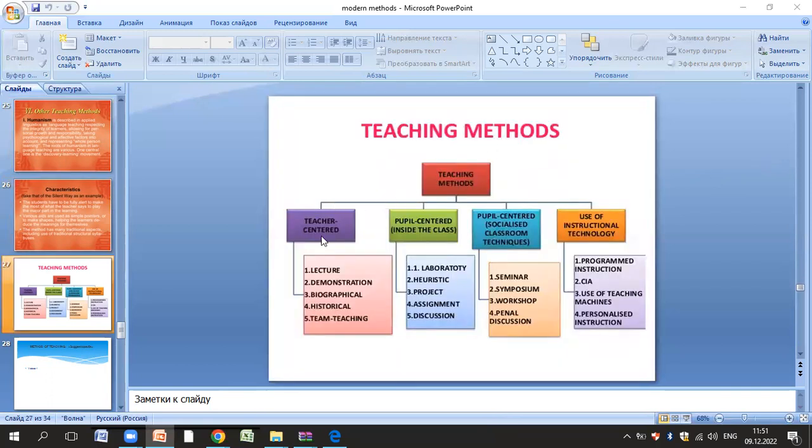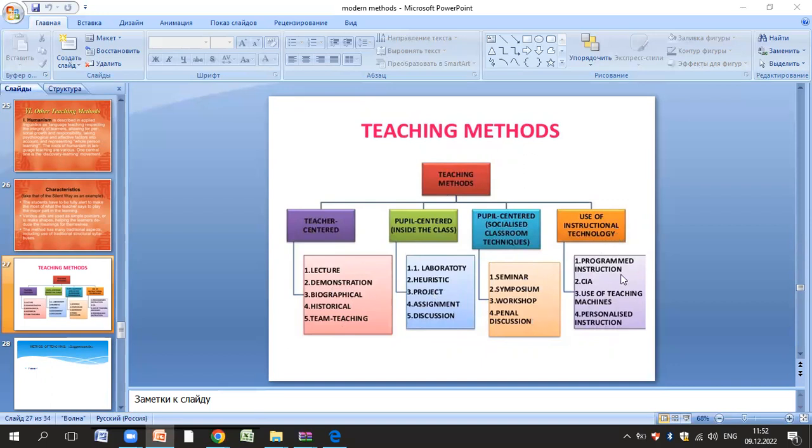Teaching methods can be teacher-centered, people-centered inside the class, people-centered socialized classroom techniques, or the use of instructional technology. Teacher-centered: lectures, demonstration, biographical, historical, team teaching. People-centered inside the class: laboratory, curiosity, project, assignment, discussion. People-centered socialized: seminars, symposium, workshop, panel discussion.